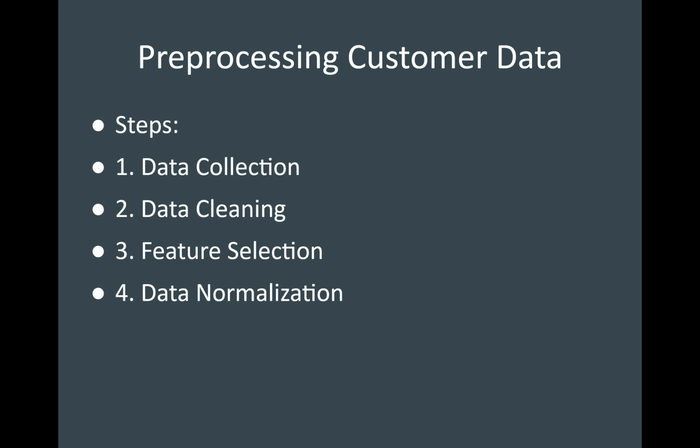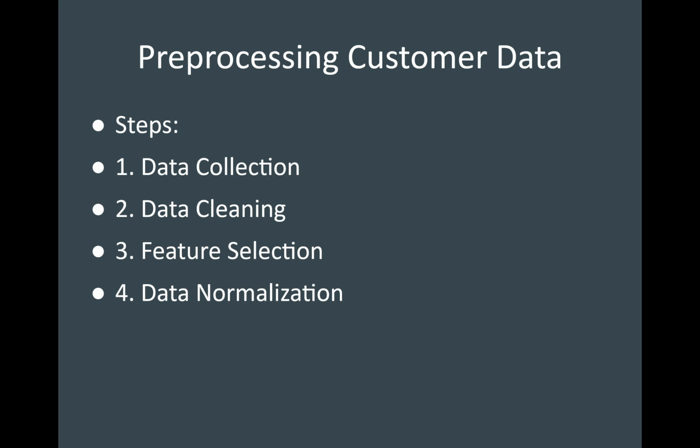Relevant data can include demographic information like age, gender, income level, and then behavioral data like purchase history, browsing patterns, and engagement metrics, which include social media interactions and emails. Data should be collected from multiple sources such as CRM systems, e-commerce platforms, and customer feedback forms.